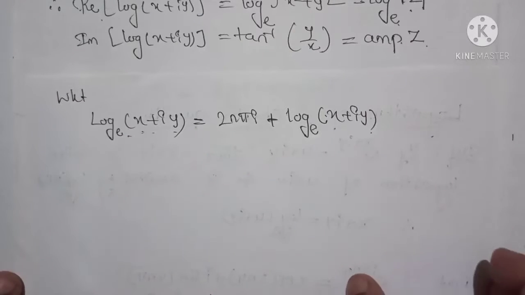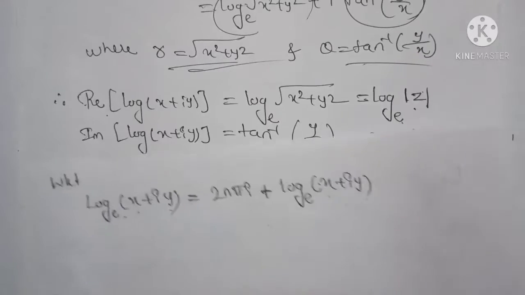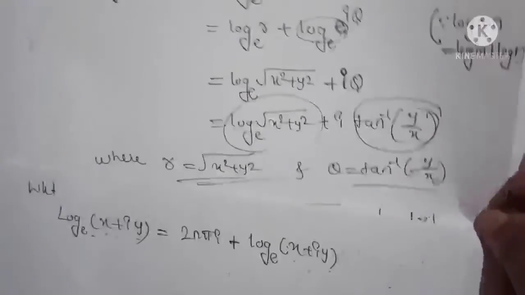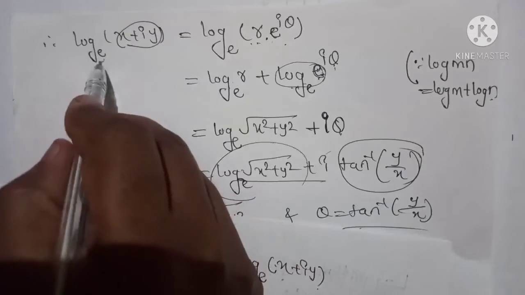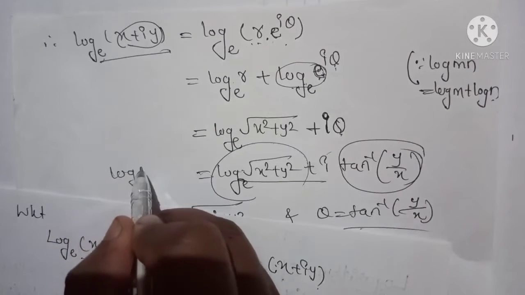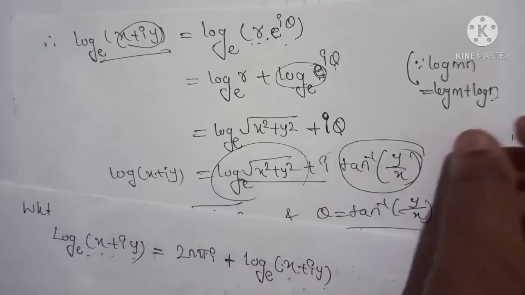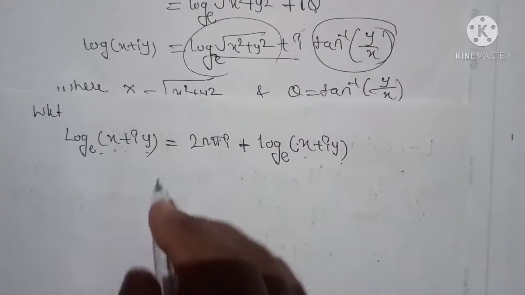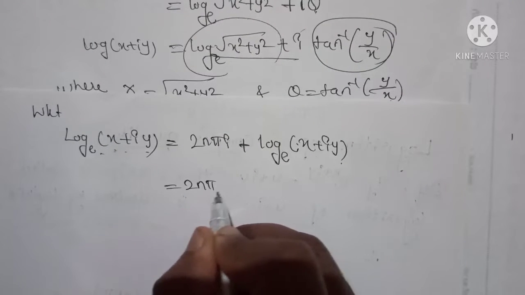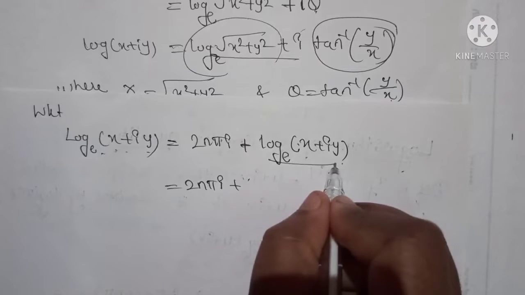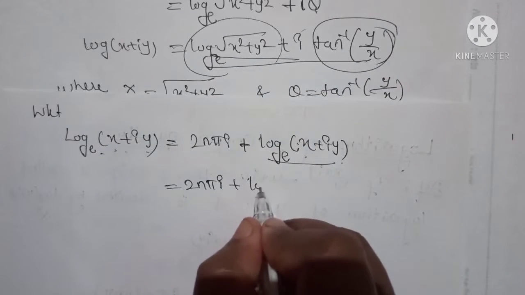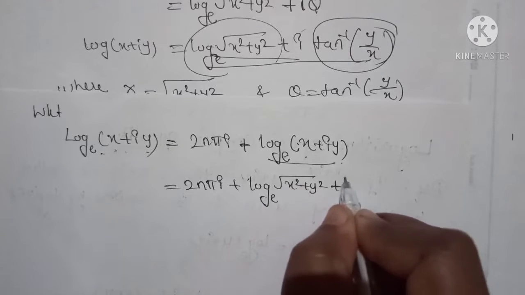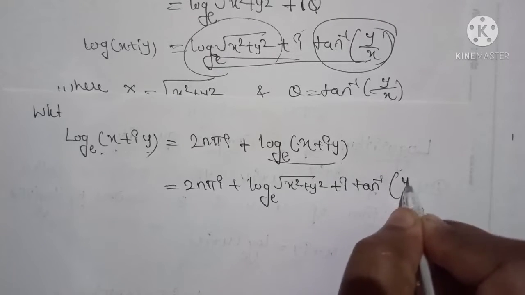Now we substitute this log of x plus iy value from this one. Substituting that value, we keep this 2n pi as it is, and in the place of log of x plus iy we substitute log of square root of x square plus y square plus i tan inverse of y by x.